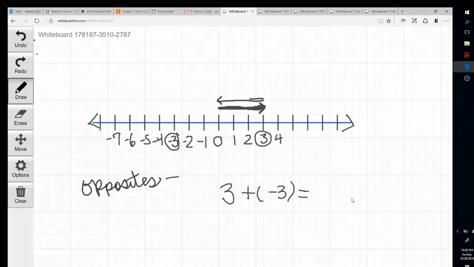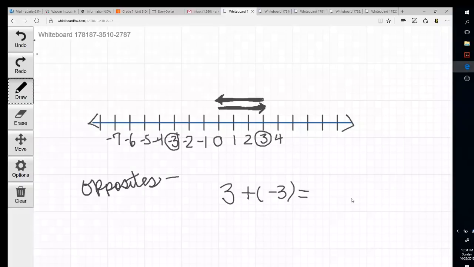And then for the negative 3, you start that arrow, the end of the arrow is called the tail, and you line your arrows up tail to tip. So the tail of this one starts at the tip of the first one. And it's moving toward the left. You can see the direction it's pointing. So it is going in a negative direction.